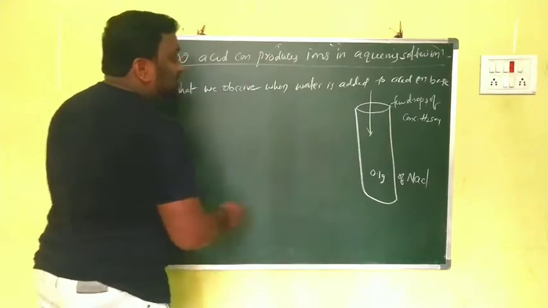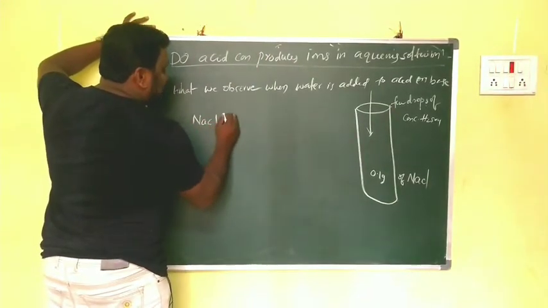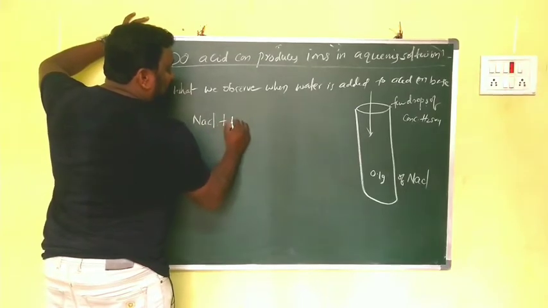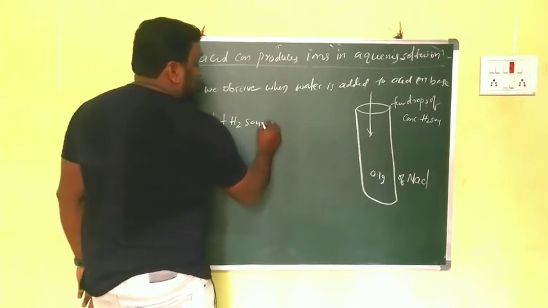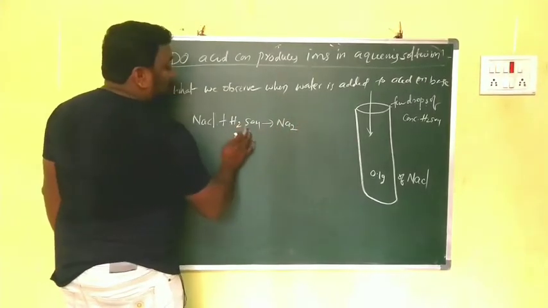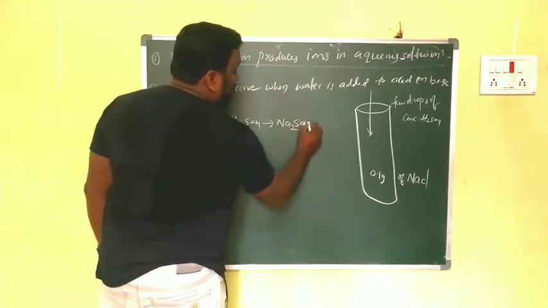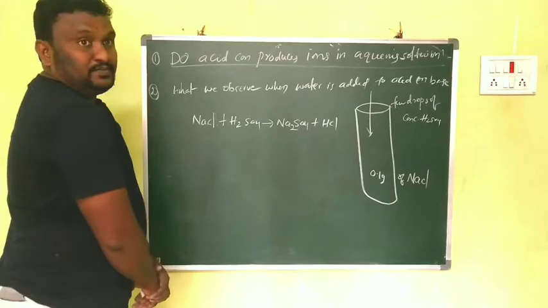Then the reaction is shown by this equation: NaCl plus H2SO4 gives Na2SO4 plus HCl. Clear?